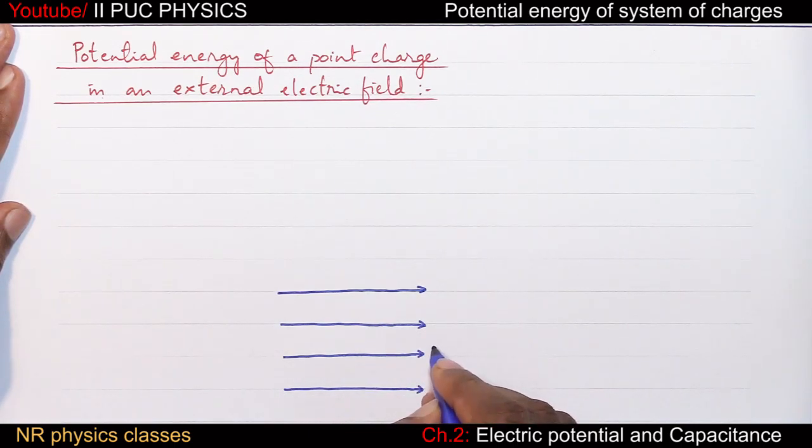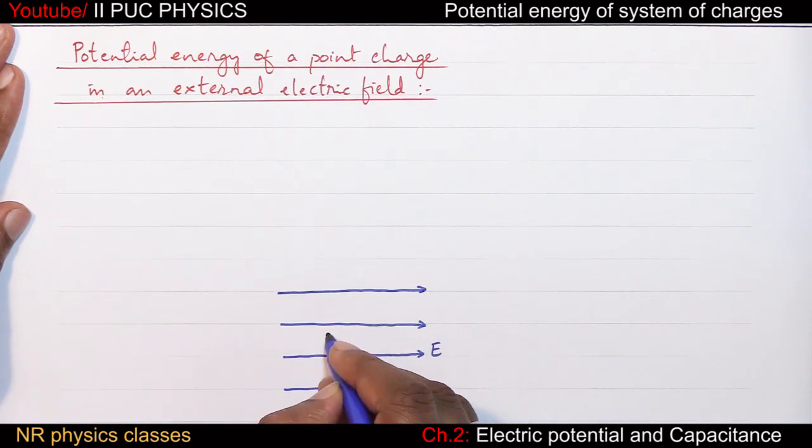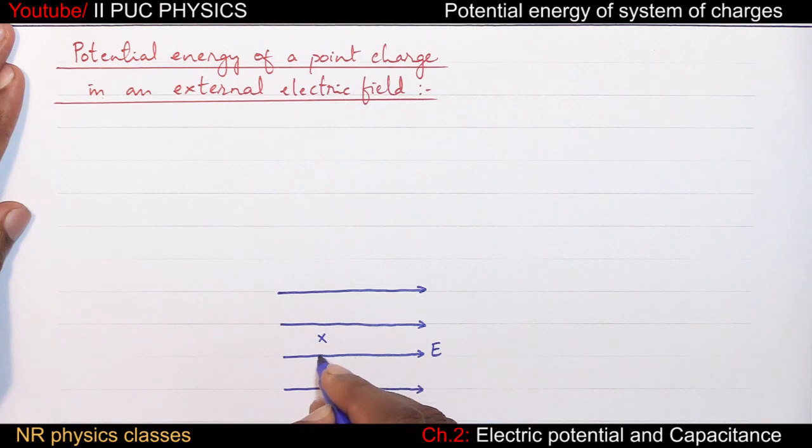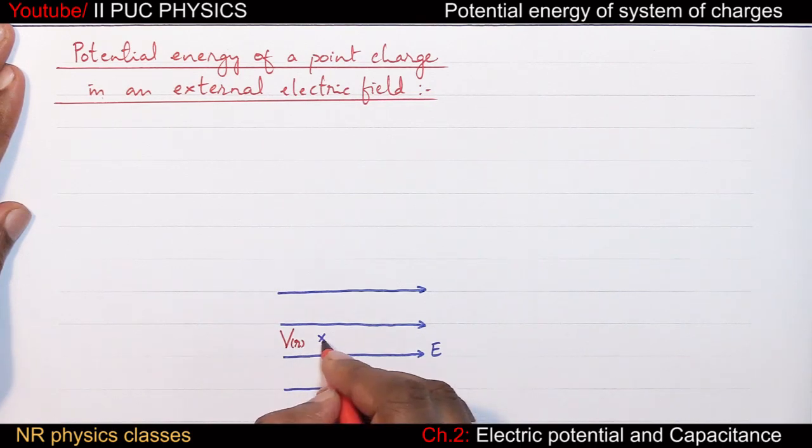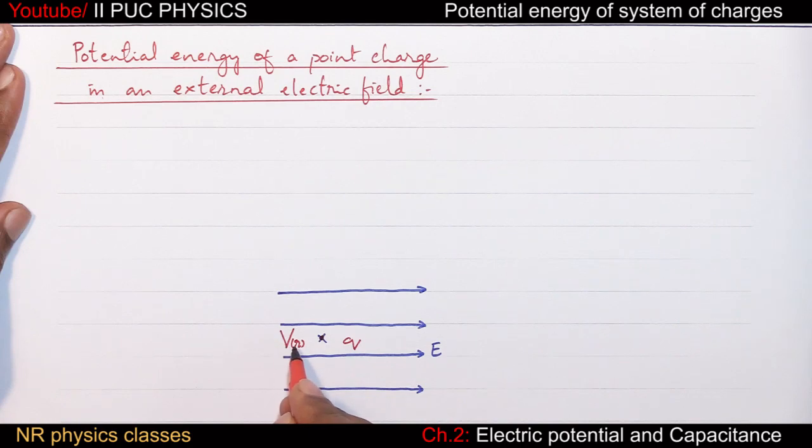So this is E. In this electric field, there is some electric potential at this point, potential as a function of distance, V(r). At this point, let us keep charge Q. So there is charge Q at a point where the potential is V.